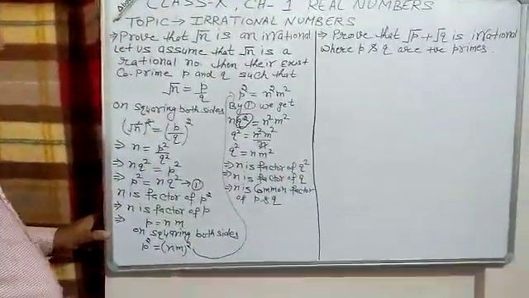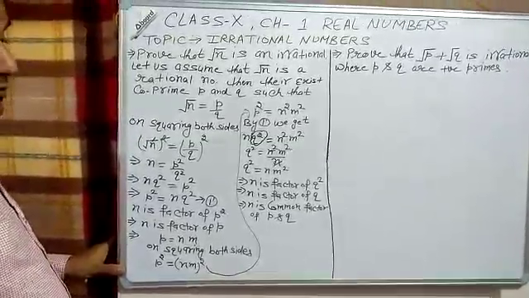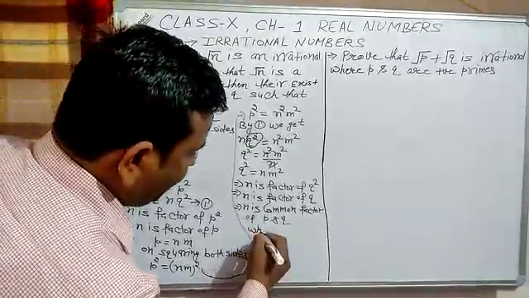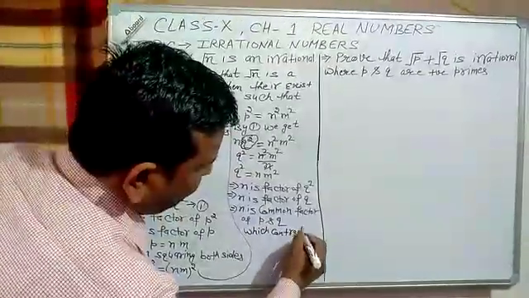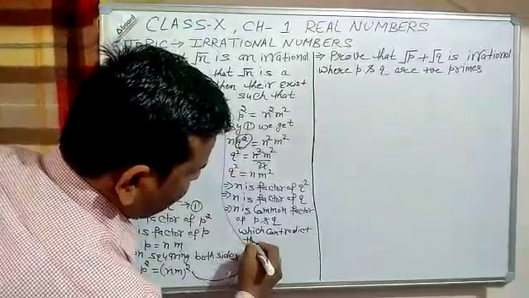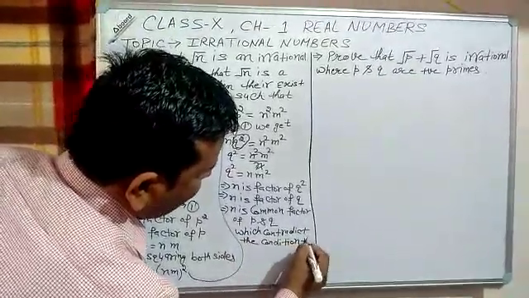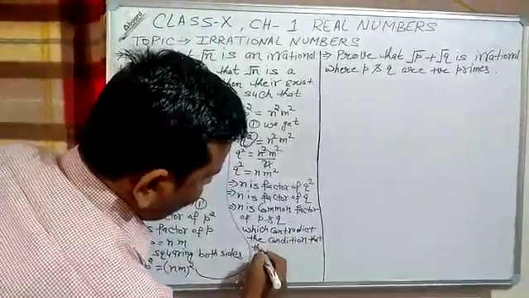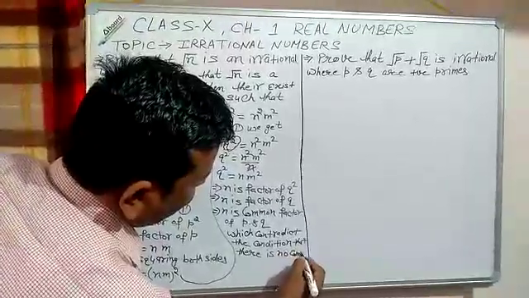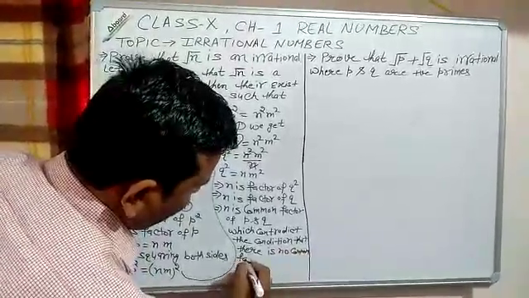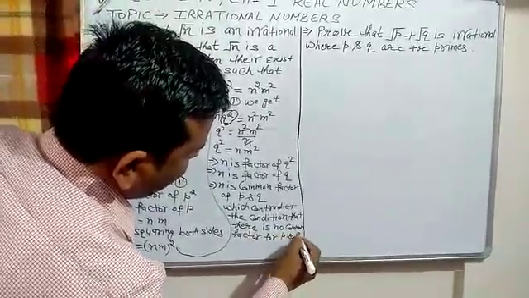But according to our assumption, there is no common factor other than 1. So this contradicts the condition that there is no common factor for p and q.